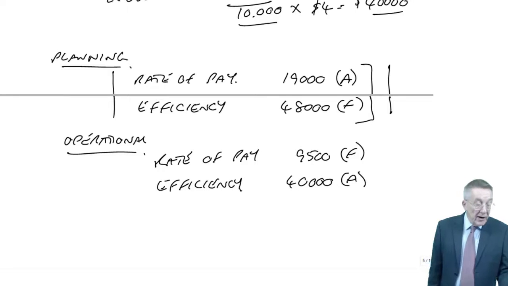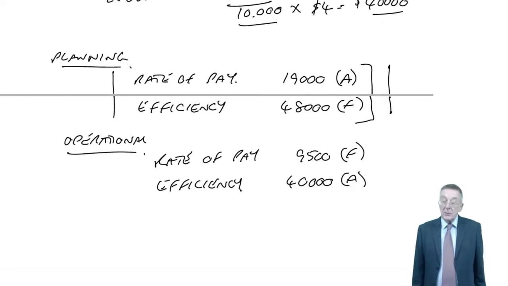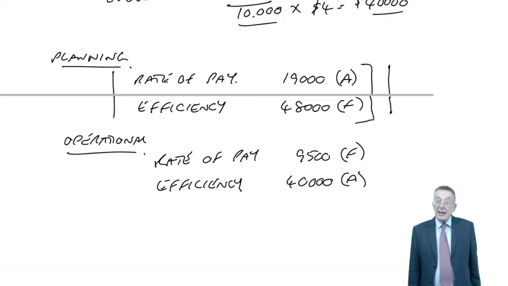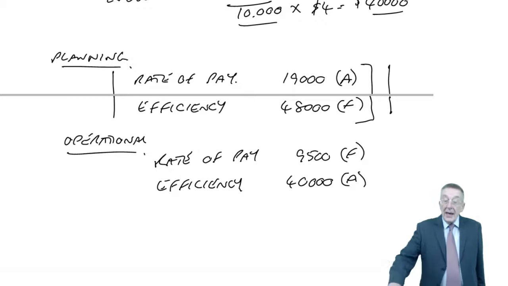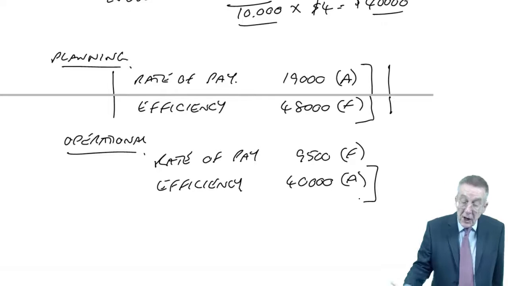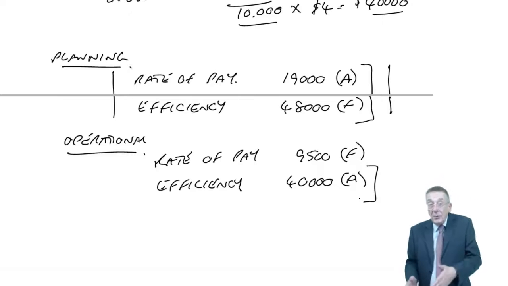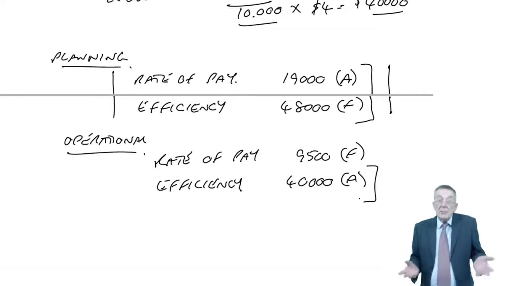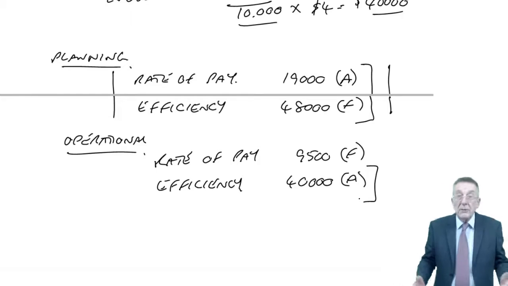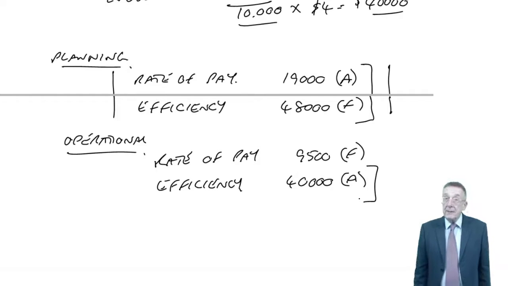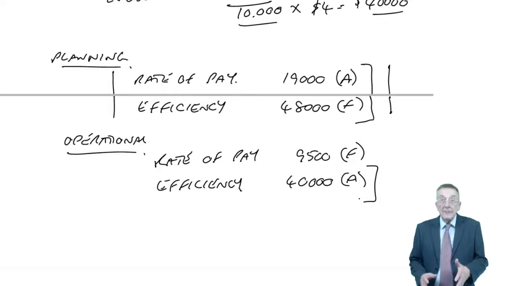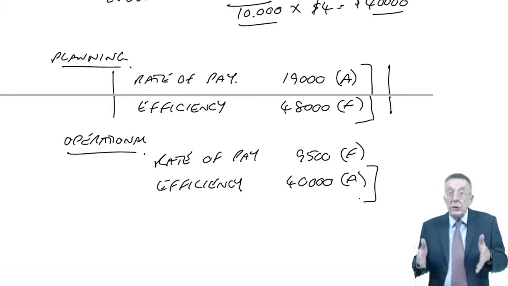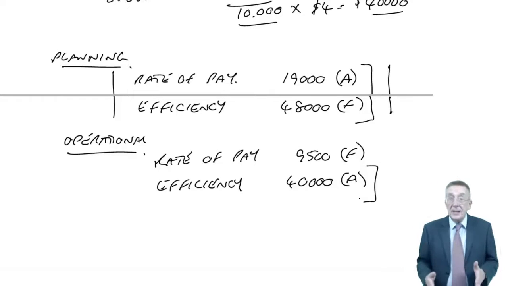But perhaps it was simply unrealistic to expect them to only take 7.5 hours. And in fact, perhaps it's not the manager's fault at all that he's gone 40,000 over. Perhaps it was just unrealistic to have expected that saving in the first place. Now, we don't know, but that's the sort of thing you should be able to discuss briefly.